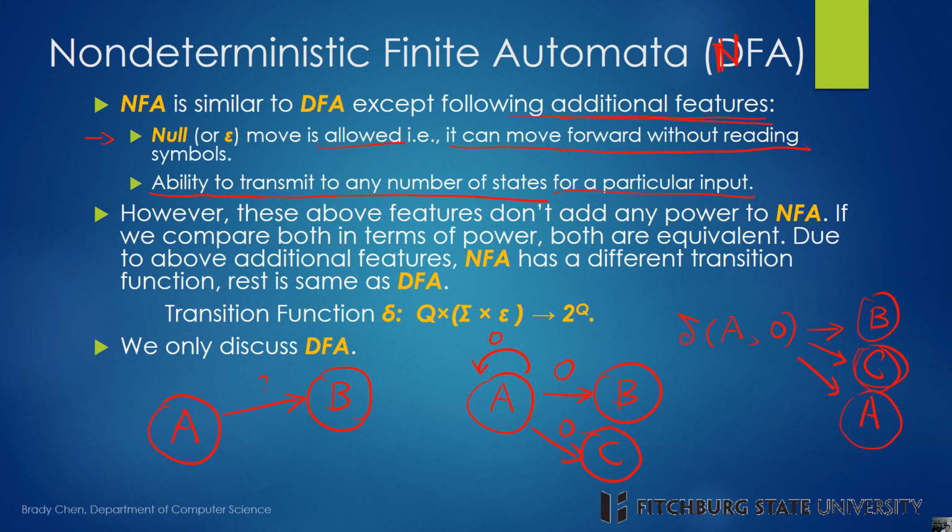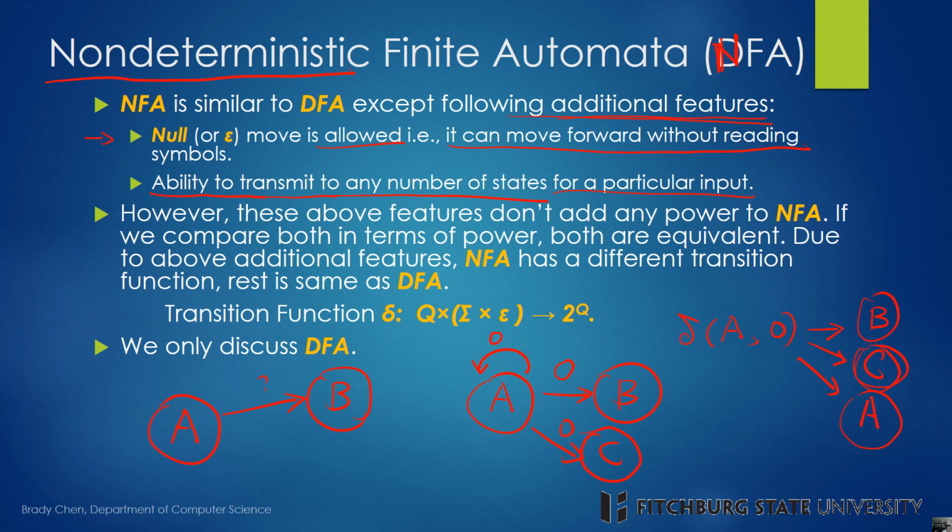That's the reason why we call it non-deterministic finite automata. Okay, it sounds weird, right? But it is a finite state machine. It's a finite automata, and it has its advantages and disadvantages.